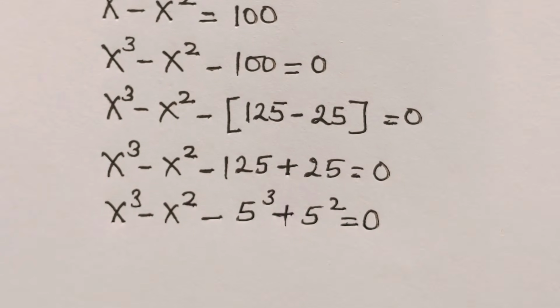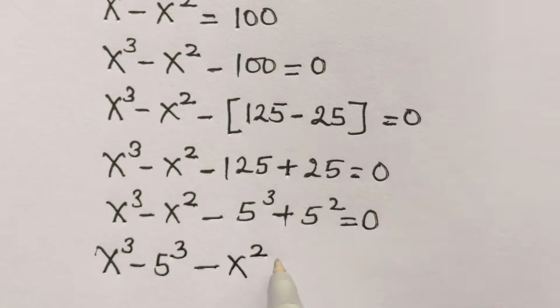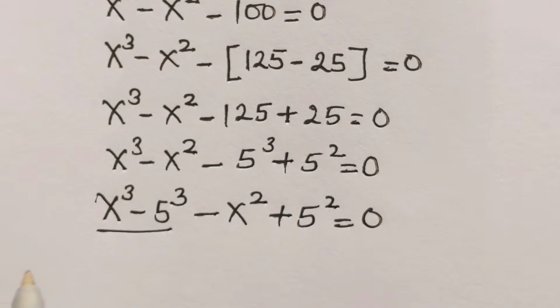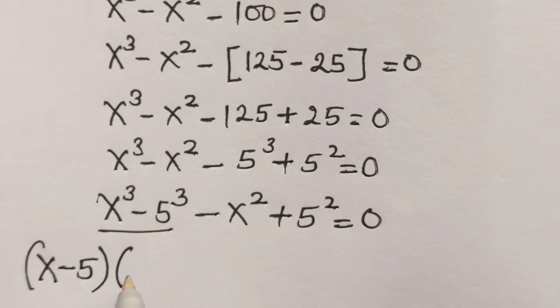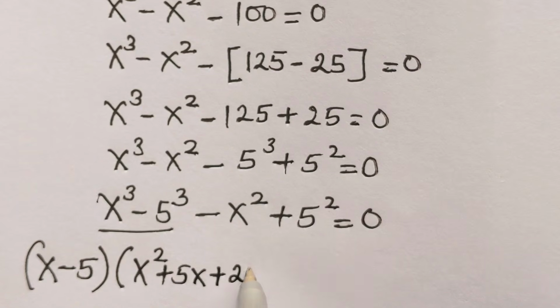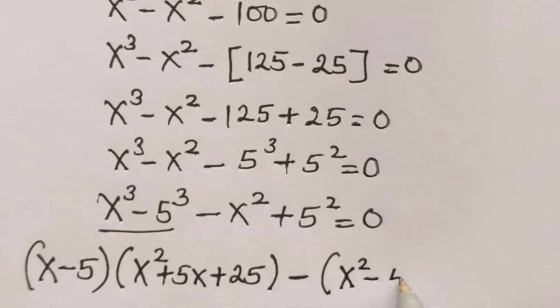At this stage we can group like terms: x power 3 minus 5 power 3 minus x squared plus 5 squared equals to 0. This one can be written as x minus 5 times open bracket of x squared plus 5x plus 25, minus here we have difference of two squares, x squared minus 5 squared equals to 0.